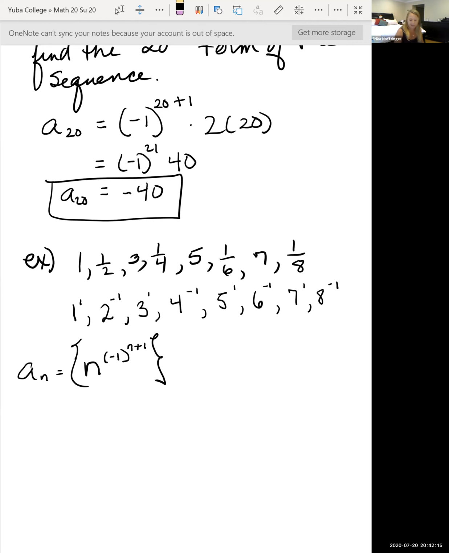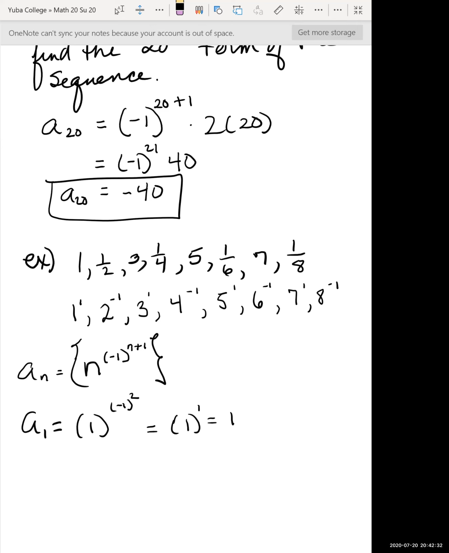And so if we let n equals 1, because that would be our first term of our sequence, this gives me 1 all raised to the negative 1. And this is 1 plus 1, which would be squared. So this is 1 to the first power, which is 1. That's what we wanted in this sequence, so we're good. A sub 2, plugging it in here, we have 2.